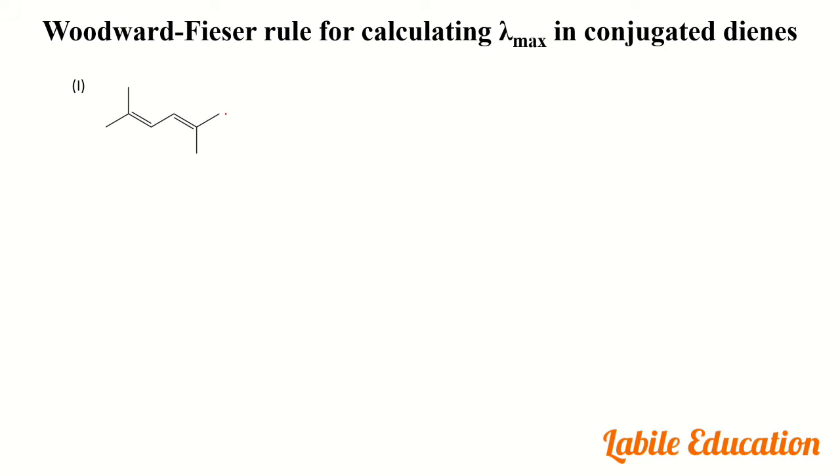Now we will take the examples one by one. Here this is the example of an acyclic system. So we will take the base value first. The system is an acyclic diene, so the base value for the acyclic diene will be 214 nanometer.